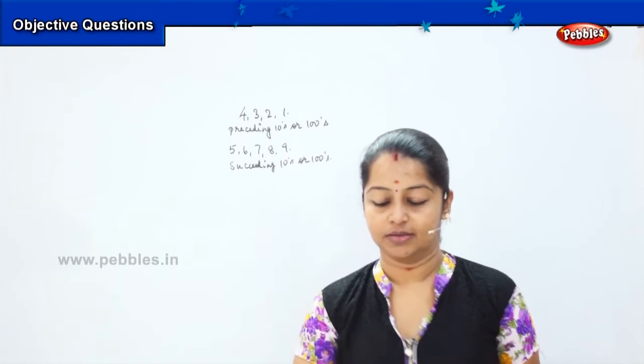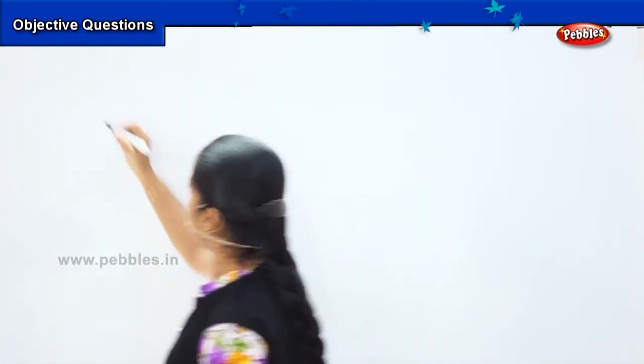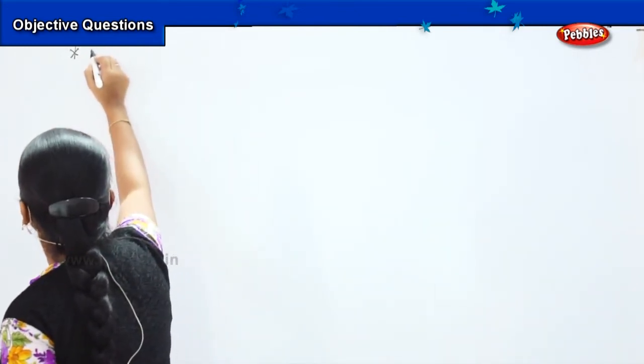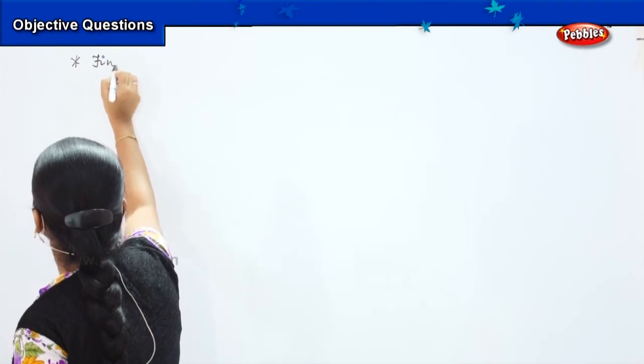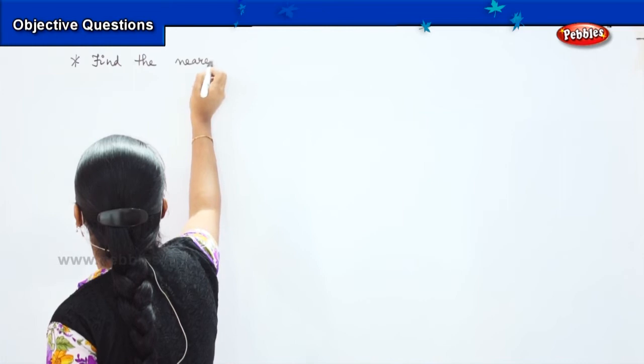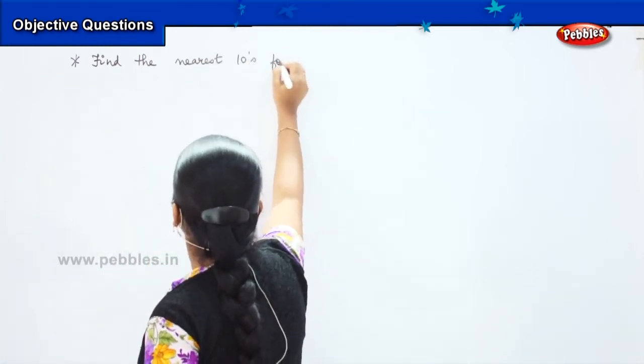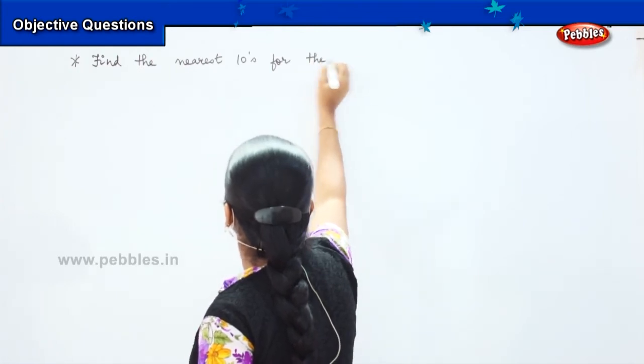Are you ready, children? Okay, so here is your next pattern of questions. Now you are going to tell me the nearest tens. Find the nearest tens for the following.